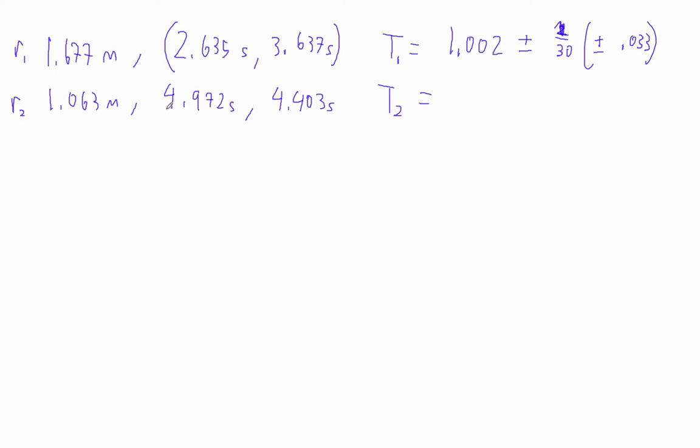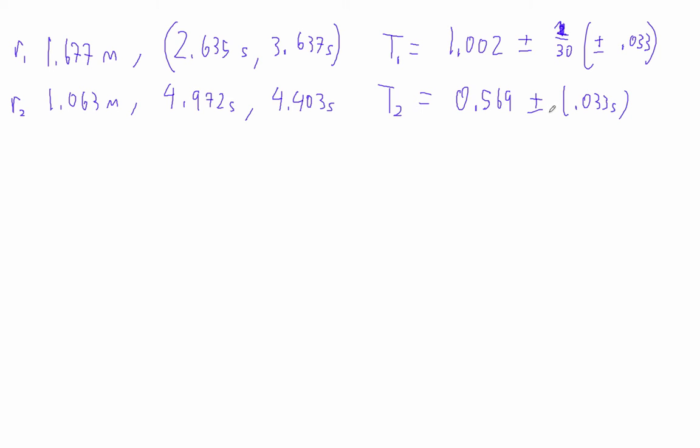And then T2, let's do this. This is going to be this minus this: 4.972 minus 4.403. This is 0.569, and that is plus or minus 0.033 seconds, also a frame of video.